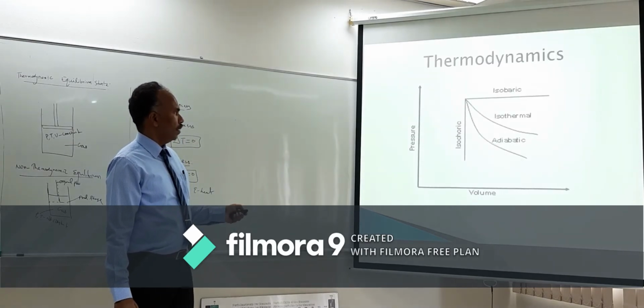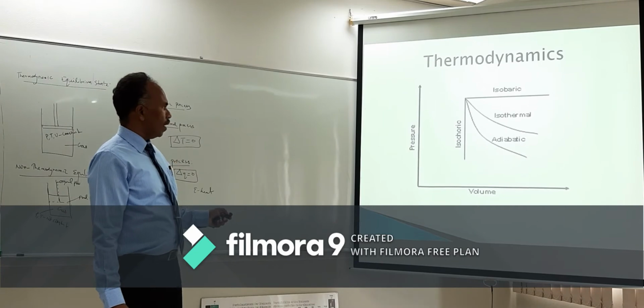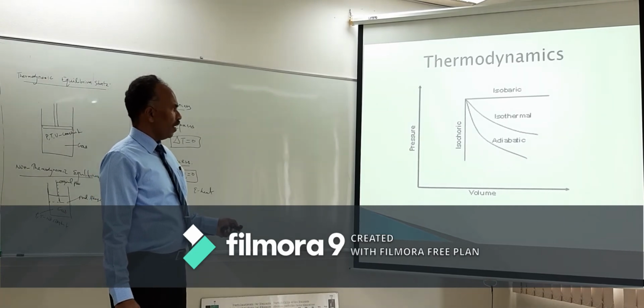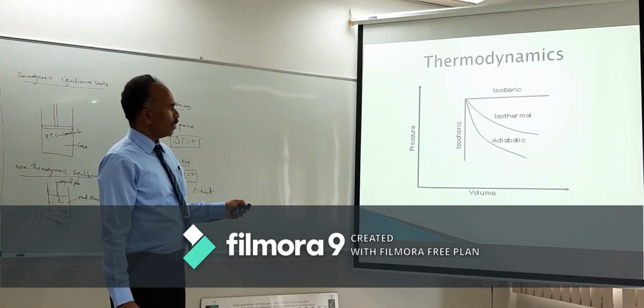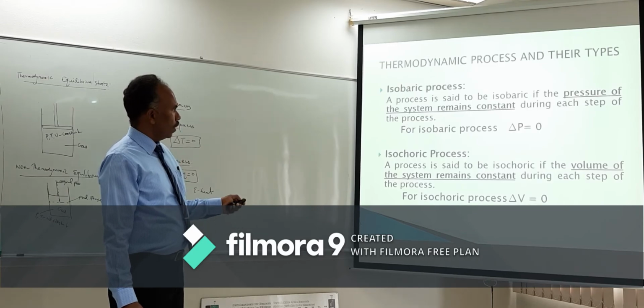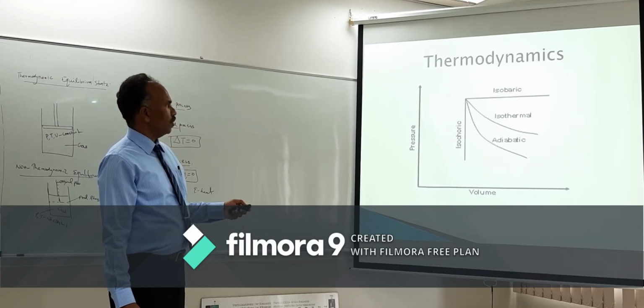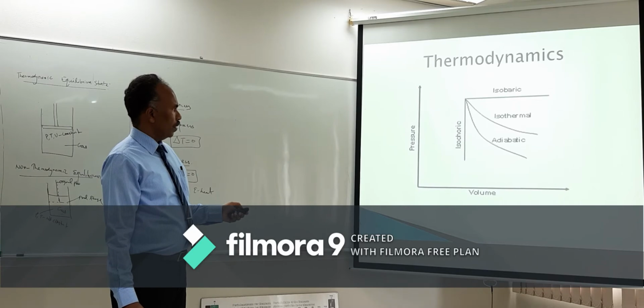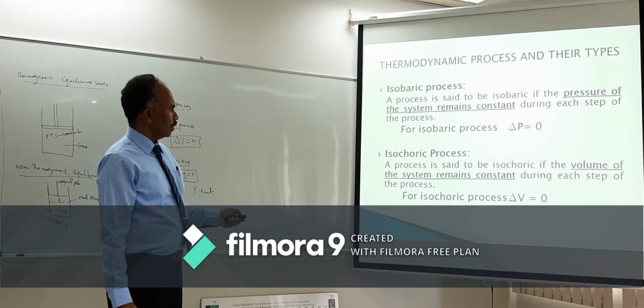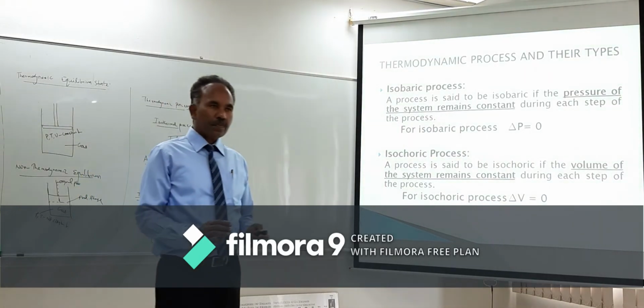Look at this diagram where we draw pressure against volume. For an isobaric process, pressure is constant, and for an isochoric process, volume remains constant. So again we are repeating that.